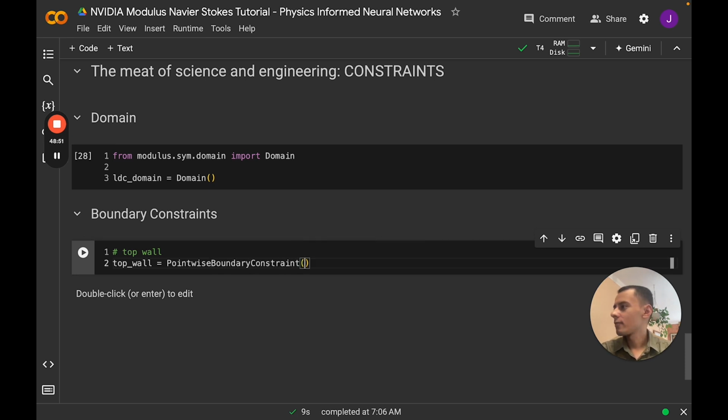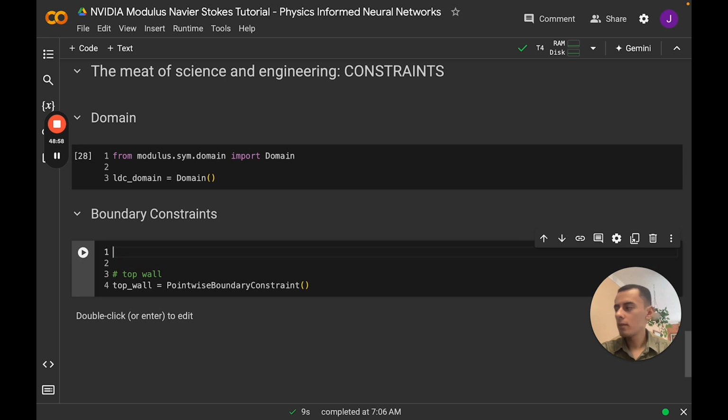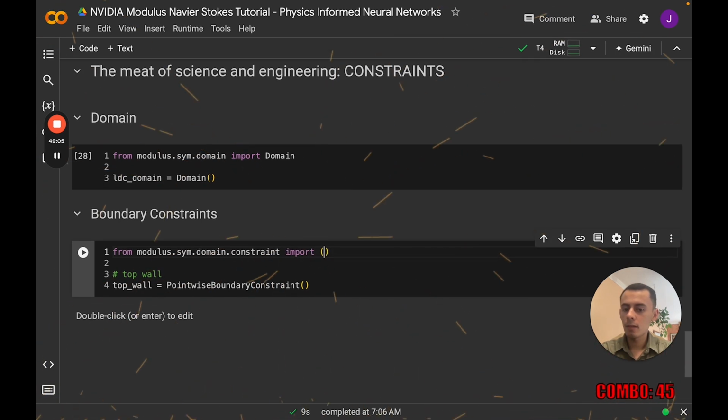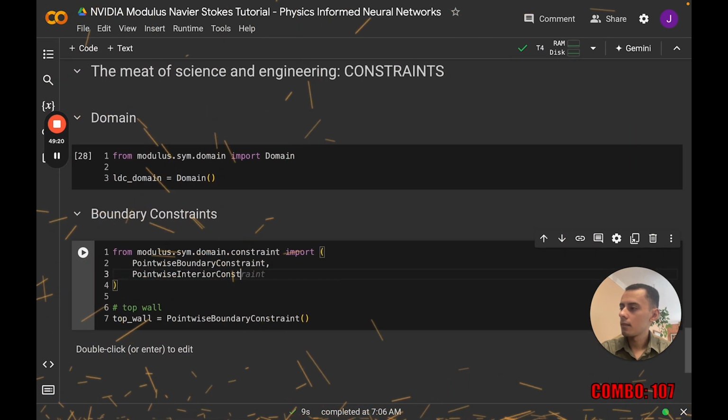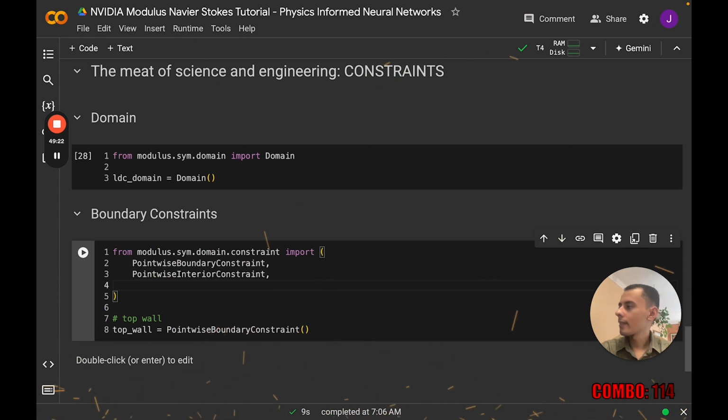So top wall, point-wise boundary constraint. We need another class for that one, a few classes, in fact. So let's import those. From modulus sim domain constraint import, we can import a point-wise boundary constraint, a point-wise interior constraint, and that's what we need.